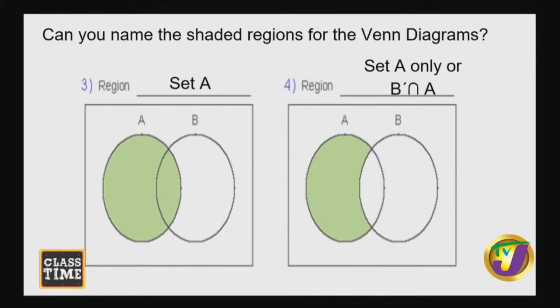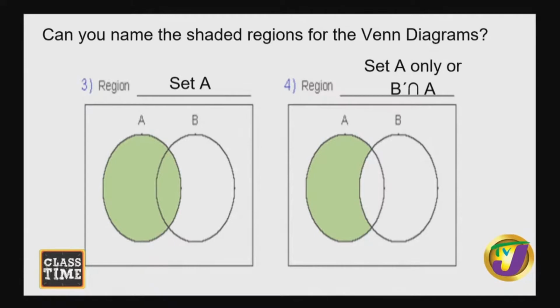But only that little area is shaded. Only set A is shaded. Well, yes. But then you used B complement intersect A to also represent that.